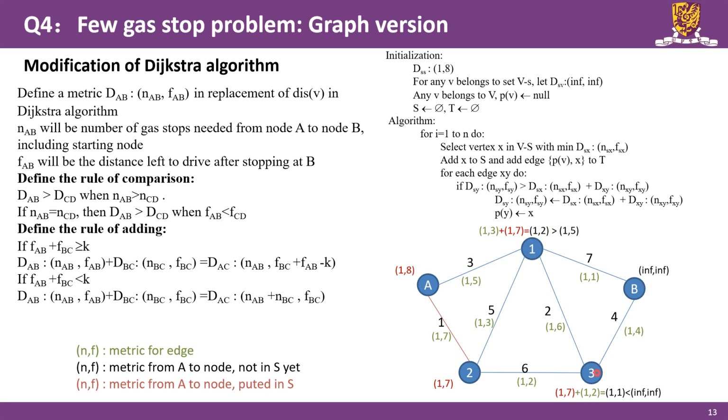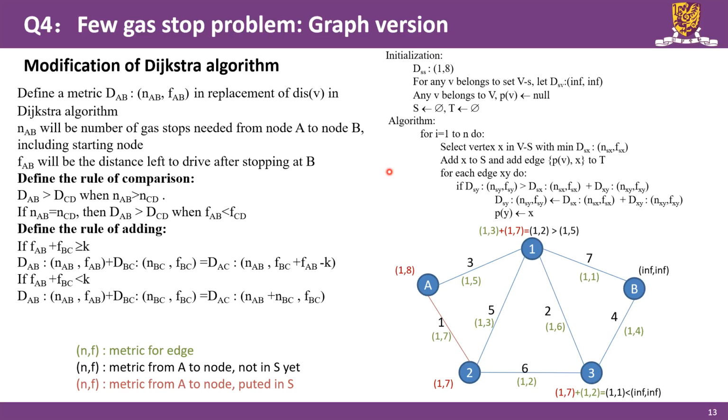And for the node 3, for the same reason, we will calculate the metric from A to 3, that is A to 2 to 3. That is adding the metric from 2 with the metric of this edge, which is corresponding to this rule, and the result, the adding rule, we will use the first rule, and this is lower than the infinite, so we will update the metric of node 3.